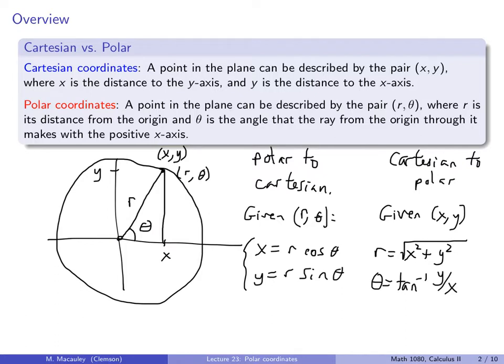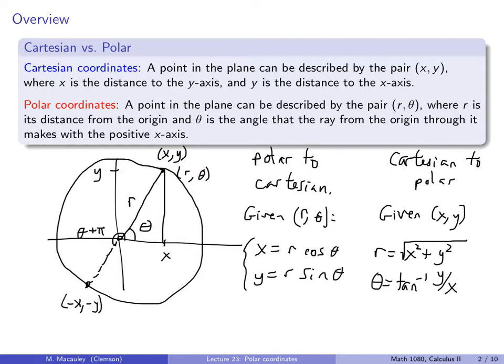And let me remind you, something you've seen before, there are multiple pairs x and y that can give you the same tangent. For example, if instead you were to pick theta plus pi, then this, which is negative x, negative y, is going to give you the same tangent as x and y.